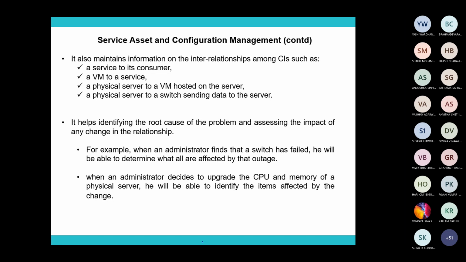Similarly, if you make any change to one component, for example, if one physical server is upgraded, we know which virtual machines get benefited. Let's say we are increasing the RAM of one particular physical server. Because of that, some of the virtual machines running on that server can scale. So that is about service asset and configuration management.